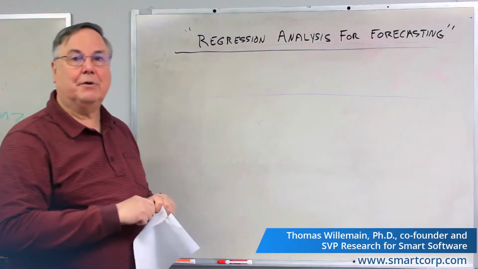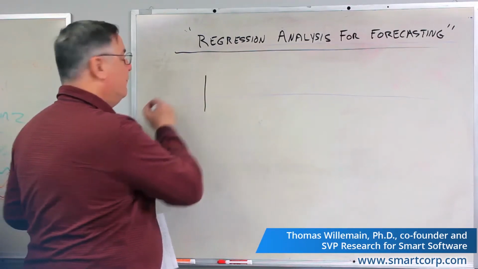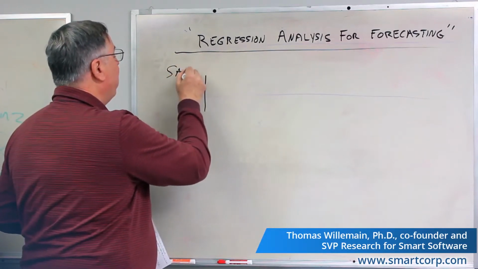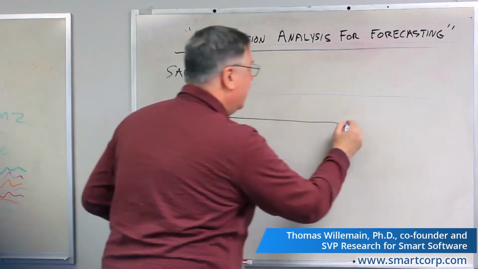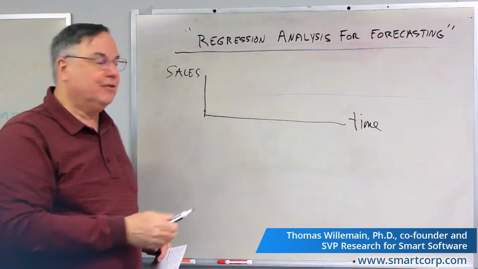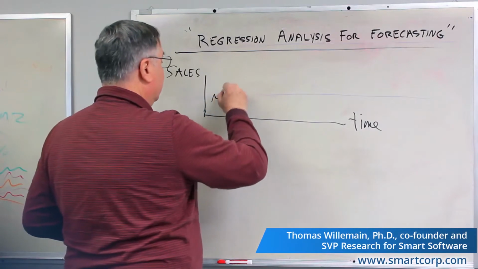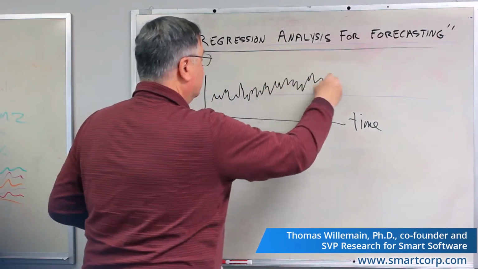So let me sketch out a typical forecasting problem. There will be some variable of interest. Maybe it's sales, and we have a record of that over time. So we have a record, say, of demand for a product over time. And the data may look something like this.